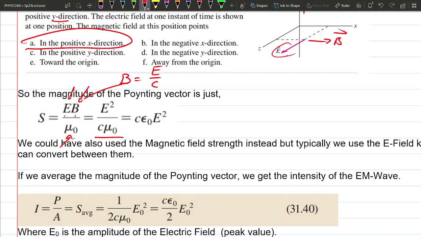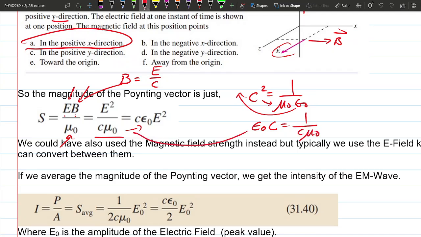Then, once again playing around with the algebra, we know that c squared is equal to 1 over mu naught epsilon naught. So if I pull one factor of c down here and one factor of epsilon naught up here, we get epsilon naught c equal to 1 over c mu naught, and that's exactly what I'm going to replace to calculate the Poynting vector magnitude.